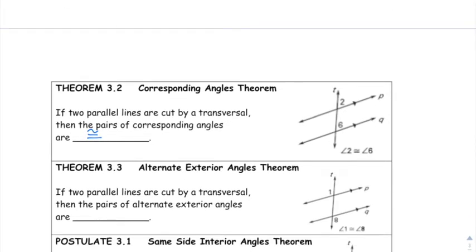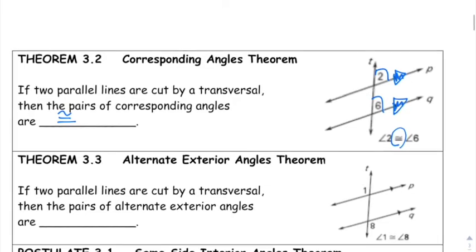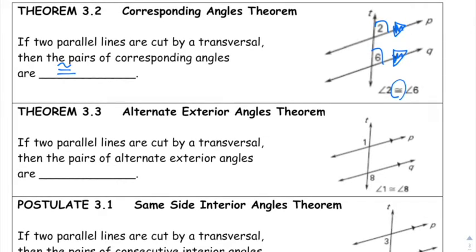My bad on that. Anyways, corresponding angles theorem. Anytime you have corresponding angles touching parallel lines, you've got congruent angles. Alternate exterior, same thing. If you've got alternate exterior angles, you're going to have congruent angles. Alternate exterior angles are congruent.